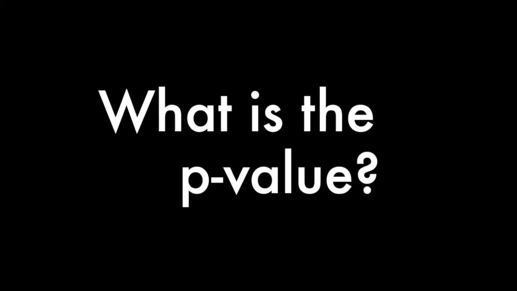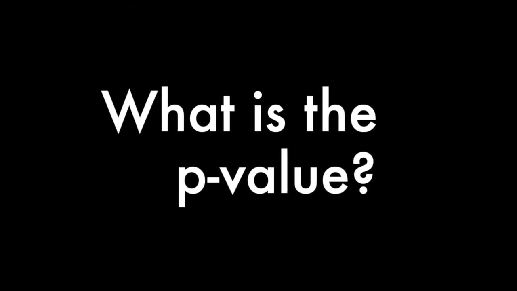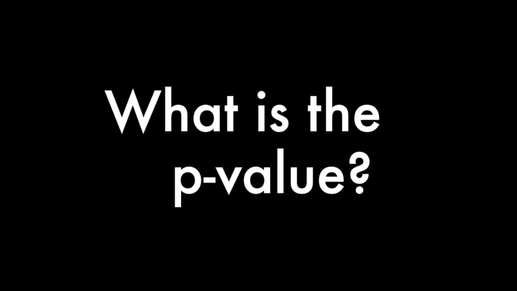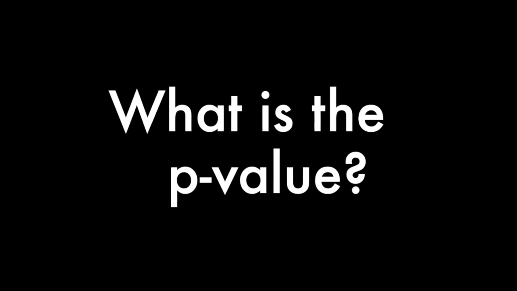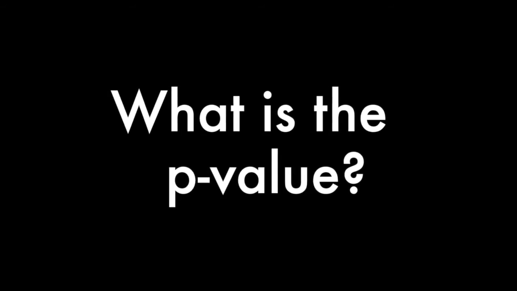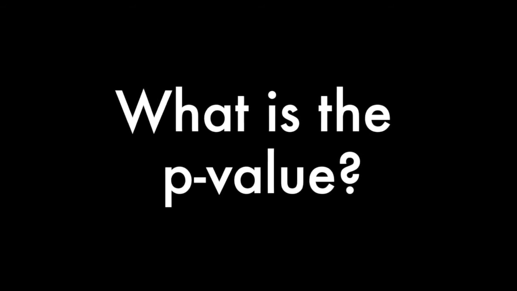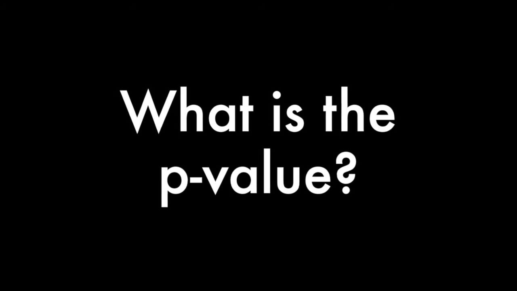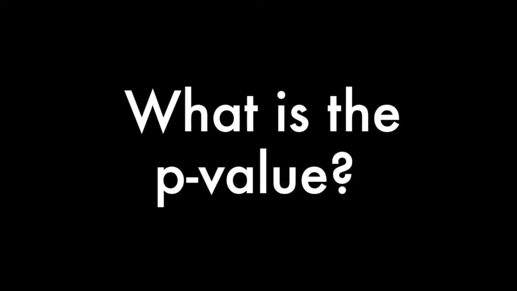Again, the p-value gives you the probability that you will get a value for your test statistic that you got from your sample data, assuming that your null hypothesis is true. So the p-value essentially gives you the likelihood that your sample data actually supports your null hypothesis.